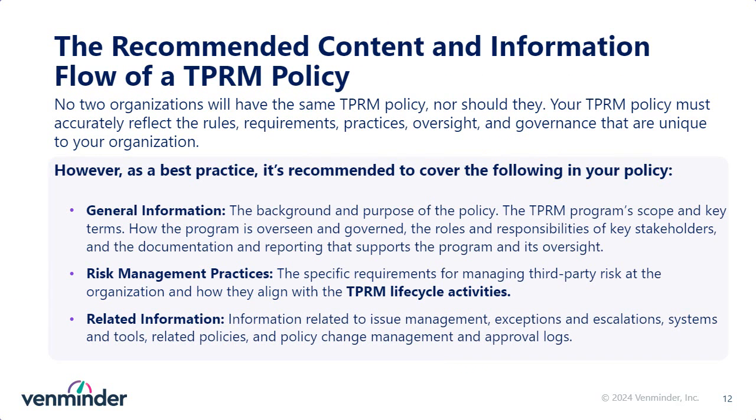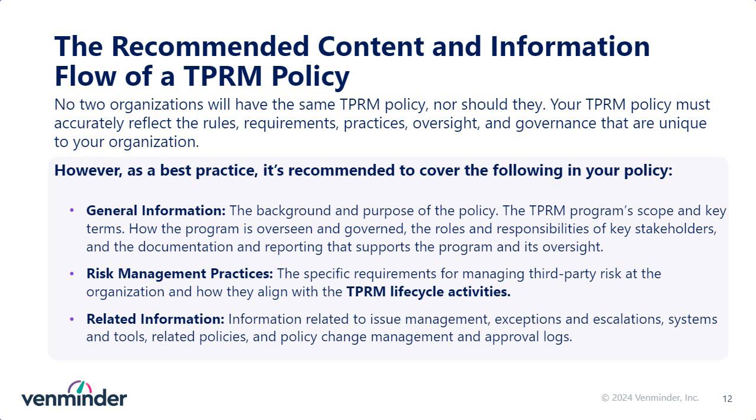Okay, now it's time to think about the content and information flow of your policy. Again, I'm going to be giving you best practices and recommendations, but your policy always has to reflect the unique needs and requirements that you have at your organization. As a general best practice, we need to cover 3 major components in our policy.